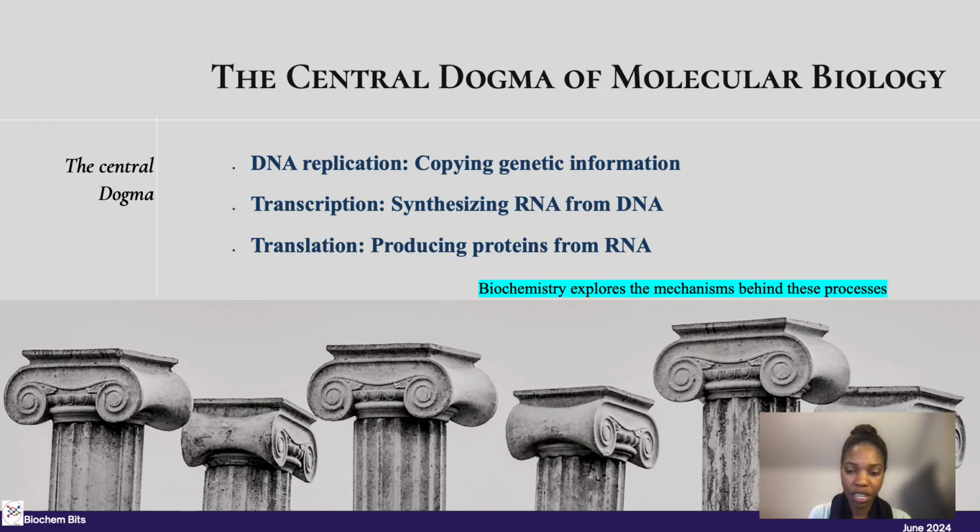The processes of replication, transcription, and translation are very important to life, and they form a focus of biochemical research. What biochemistry does is to explore the mechanism behind these processes.